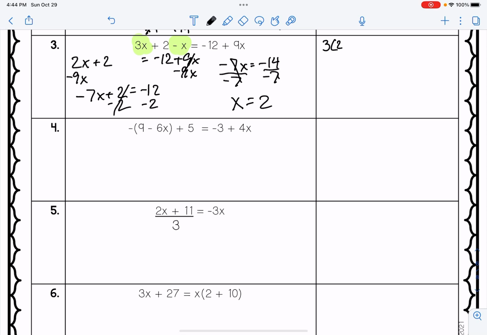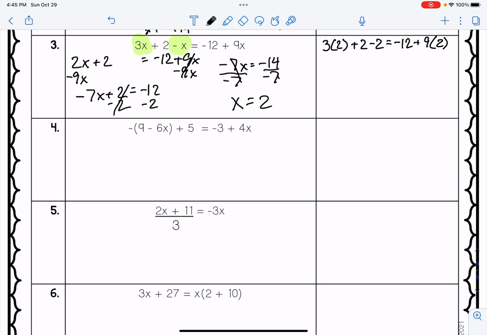Check it. 3 times 2 plus 2 minus 2, just plugging in 2's wherever I see an x. Negative 12 plus 9 times 2.